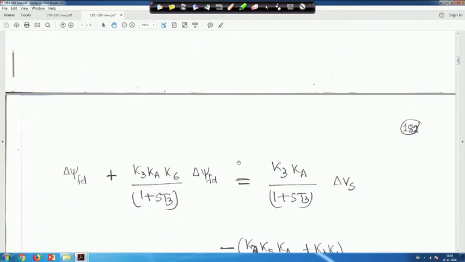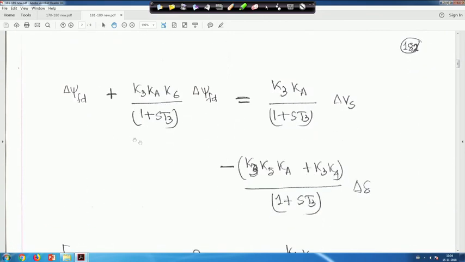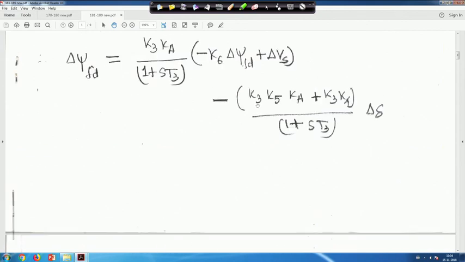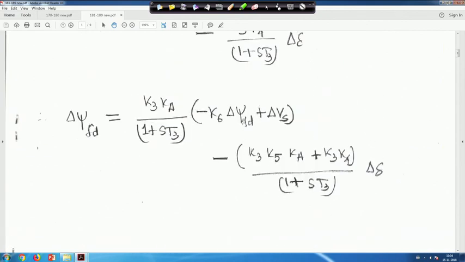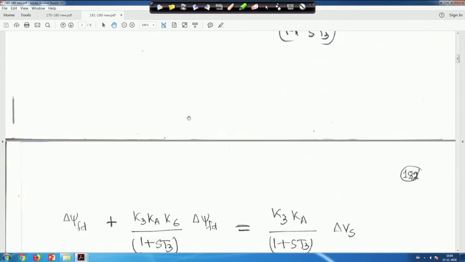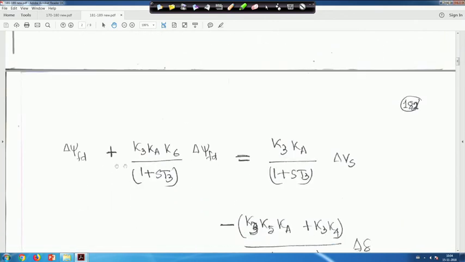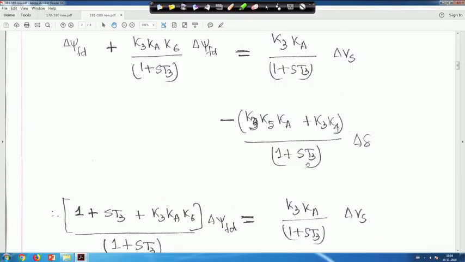Upon simplification, bring this delta psi FD term to the left hand side, then it is delta psi FD plus K3 K K6 upon 1 plus ST3 delta psi FD is equal to K3 K upon 1 plus ST3 delta Vs, right, minus K3 K5 K plus K3 K4 upon 1 plus ST3 delta delta, right.